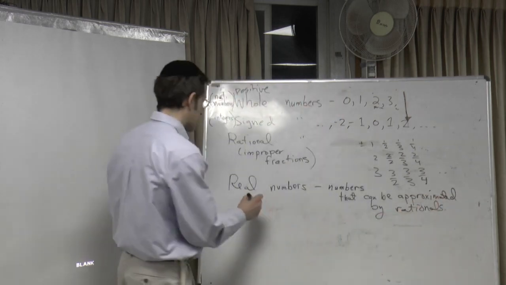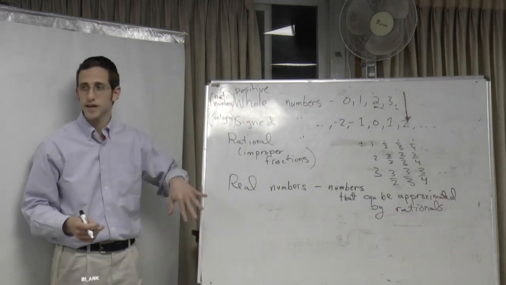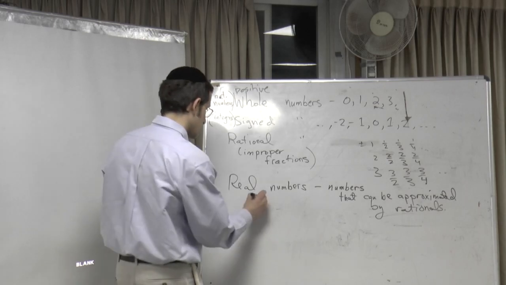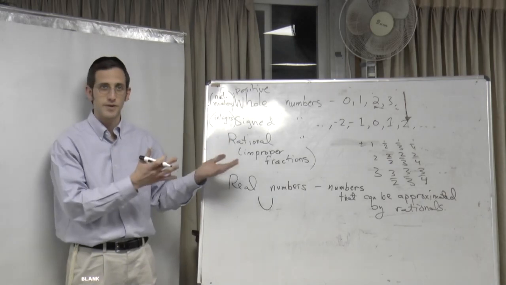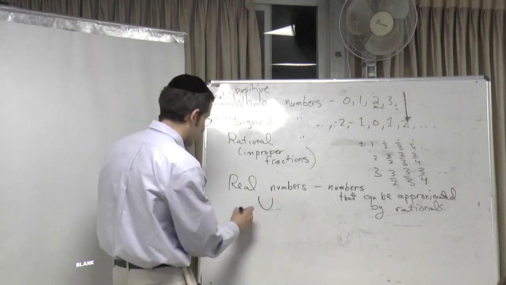So inside of these we have, of course, the rational numbers, and there's also the irrational. Certainly all real numbers can be approached by rational numbers. We also have the irrational numbers.